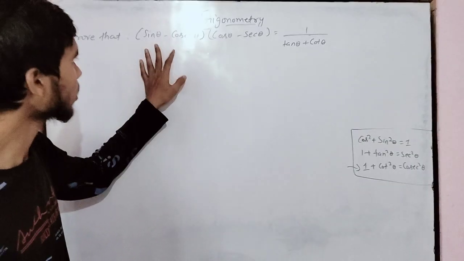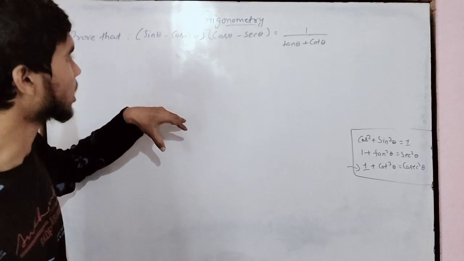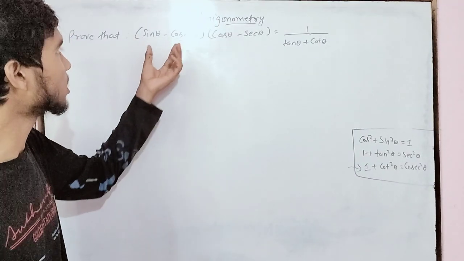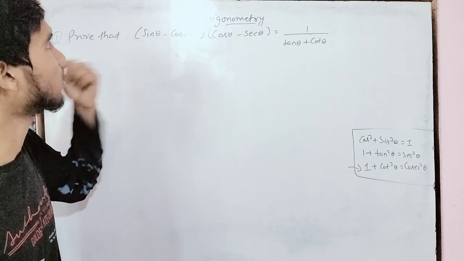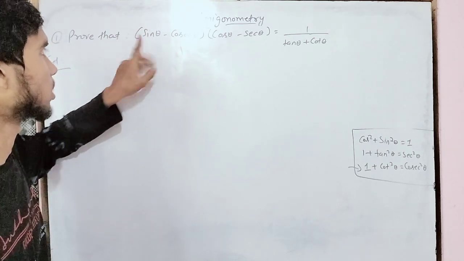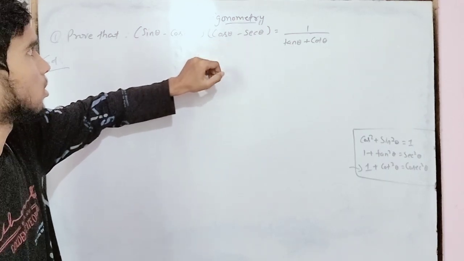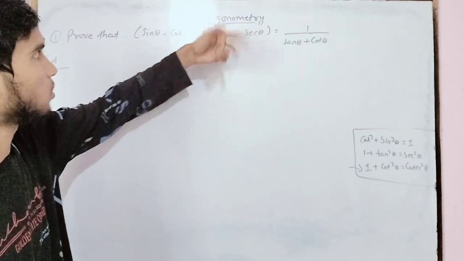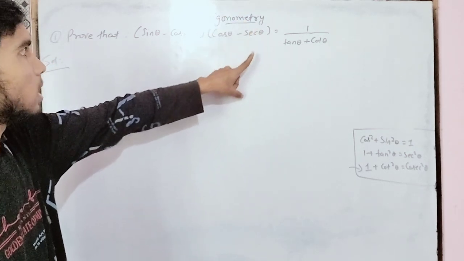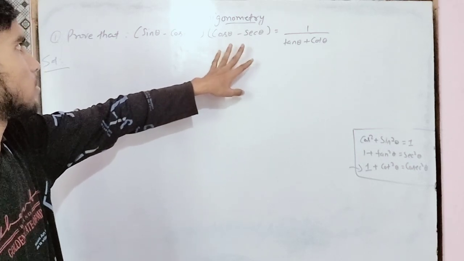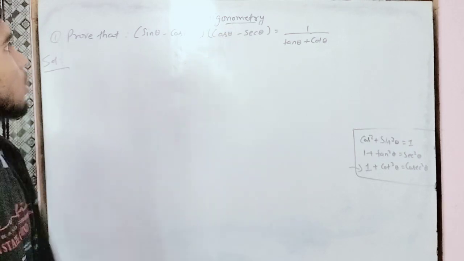Now let's solve this. Let me explain this. Here it can be written as 1 upon cosec. It can be written as 1 upon sine. So from this bracket you just convert only one, either this or this. As you know, it can be written as 1 upon sec, it can be written as 1 upon cos. So only one term you convert, as here sine.